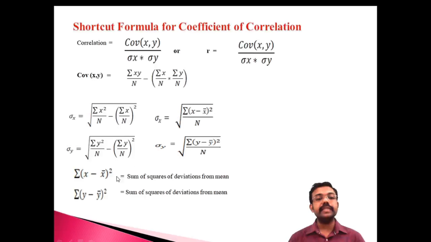Sigma (x minus x bar) square means sum of squares of deviation from the mean. അപ്പോൾ ചില സിറ്റുവേഷനിൽ ക്വസ്റ്റ്യനിൽ അങ്ങനെ പറയുമ്പോൾ സെക്കൻഡ് ഫോർമുലയാണ് യൂസ് ചെയ്യേണ്ടത്. This is the shortcut formula for the coefficient of correlation.